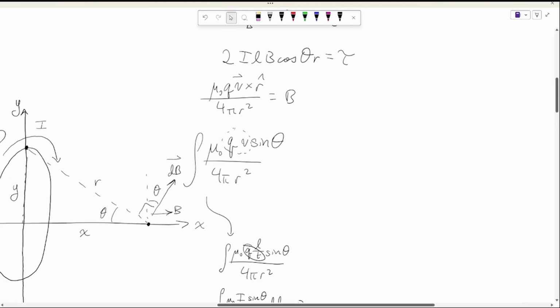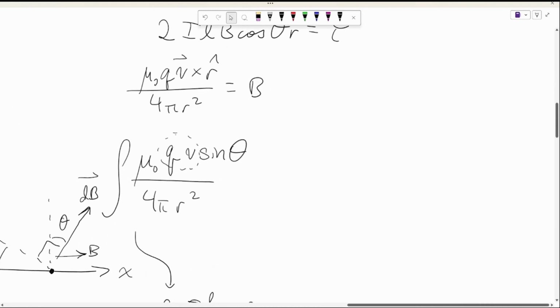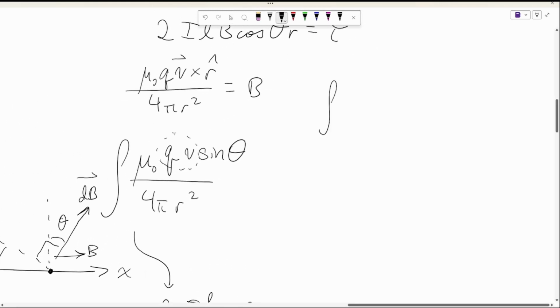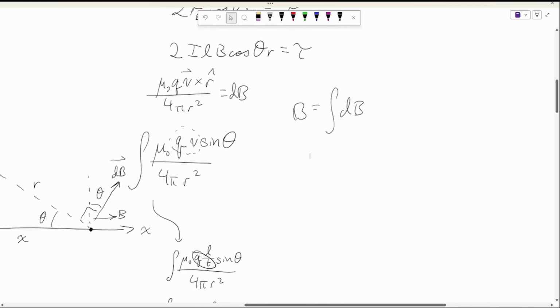So essentially, I guess more rigorously, we started from B is equal to the integral of all the little bits of B, and that's all our little bits of B. And then we just rearranged until we got dl instead of dB.